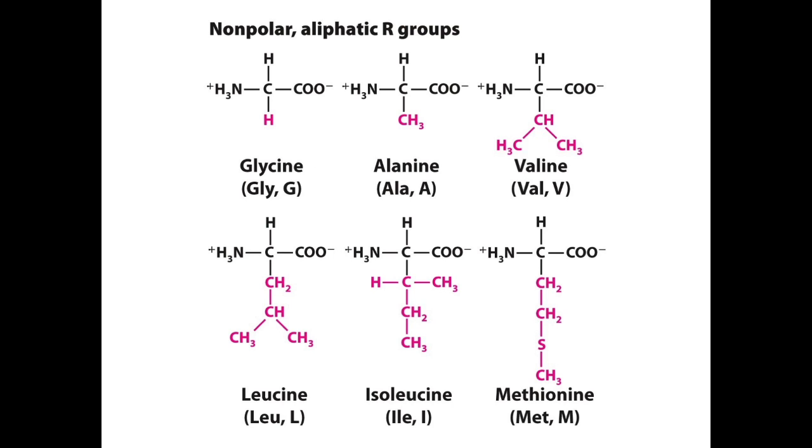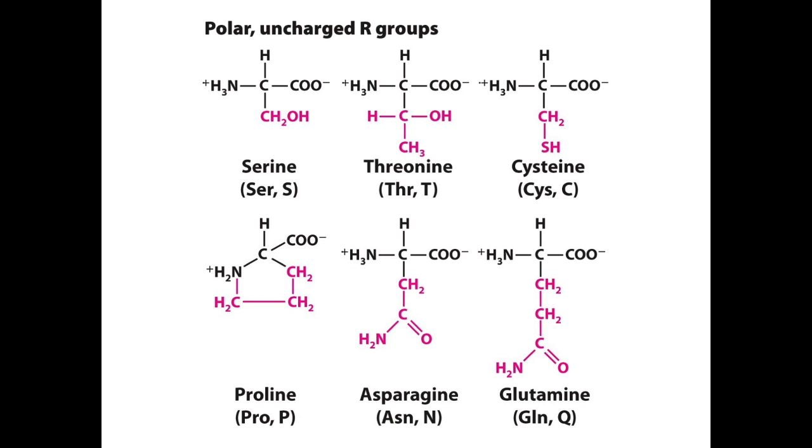properties. For example, there are amino acids that contain nonpolar aliphatic R groups, such as glycine, alanine, valine, leucine, isoleucine, and methionine. Others have polar uncharged R groups, such as serine, threonine, cysteine, proline, asparagine, and glutamine.